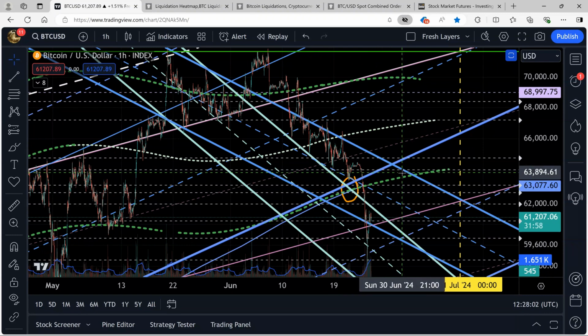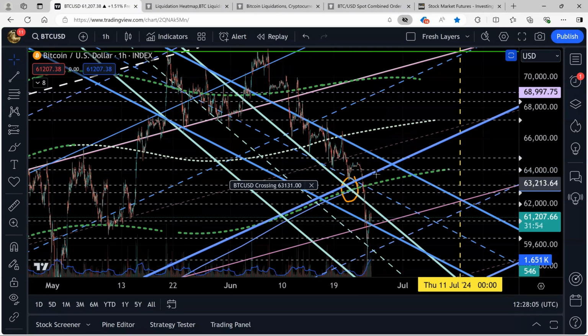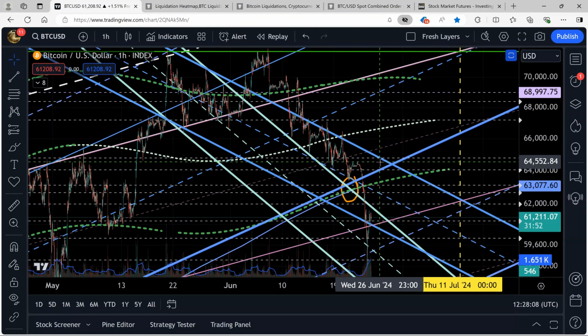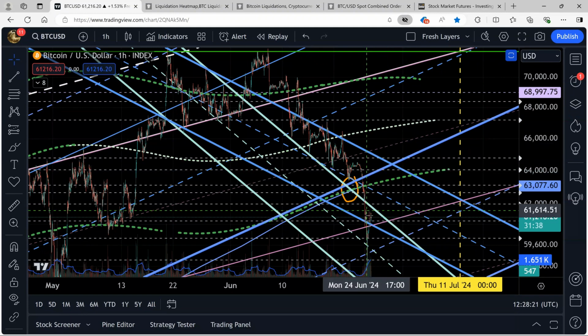And then how quickly we move upwards, I don't know. Can we regain, get back into the blue channel here? I just don't know.